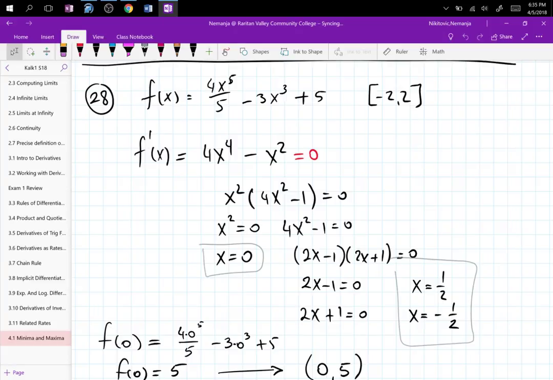Now that I have its derivative, I set the derivative equal to 0 and go through whatever algebra I have to, to come up with critical numbers. Once I have critical numbers, I place each one of those critical numbers one at a time back in the original formula to calculate y values.